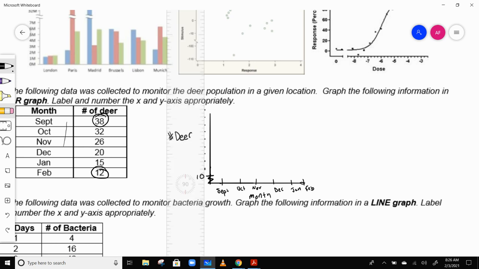Okay, put that ruler away. So we have 10, 15, 20, 25, 30, 35, 40. And we could probably stop our graph right there at 40. Maybe go to 45, sure.